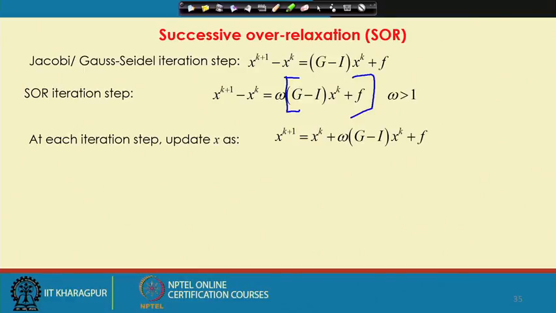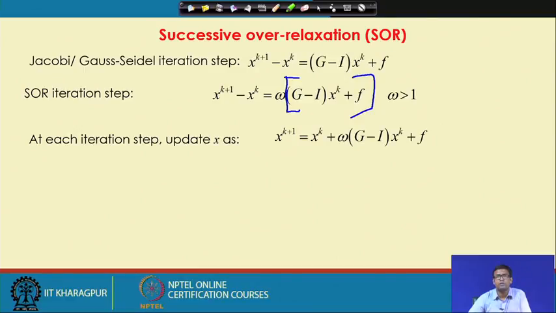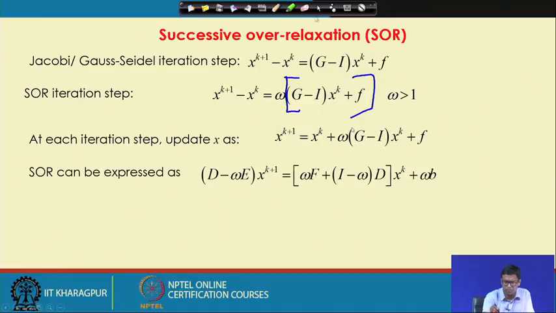So, at each iteration step update x as x k plus 1 is equal to x k plus omega (G minus I) x k plus f. This is under a bracket.